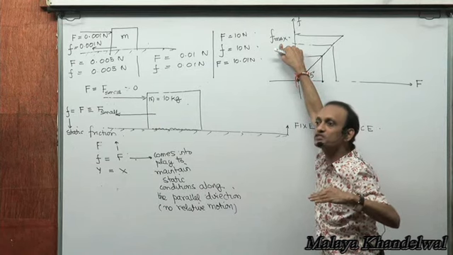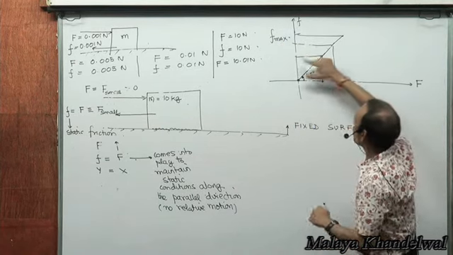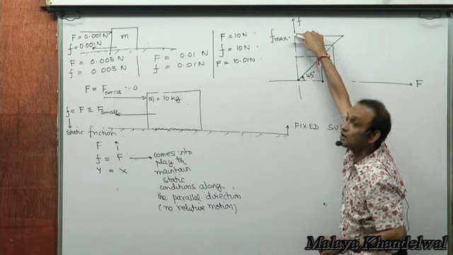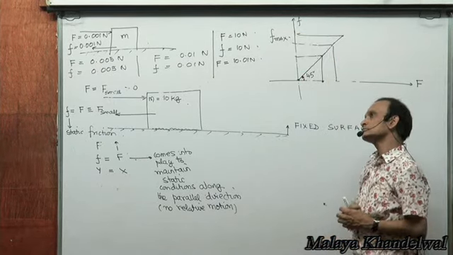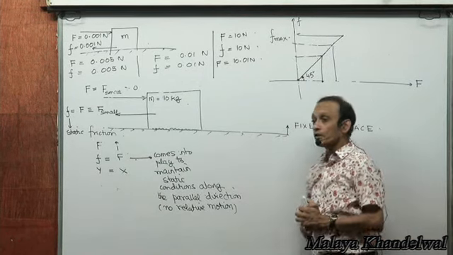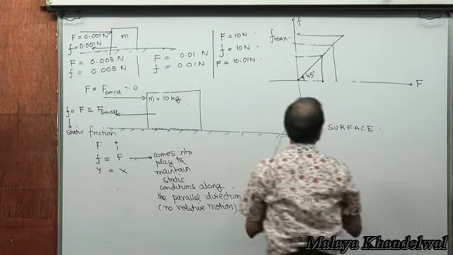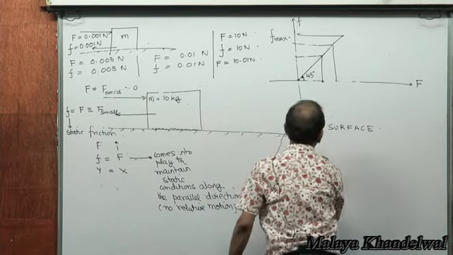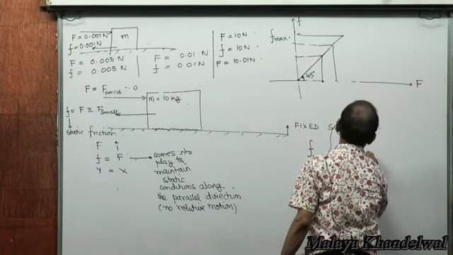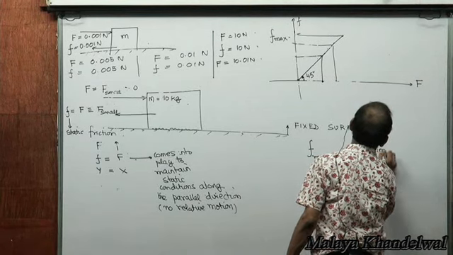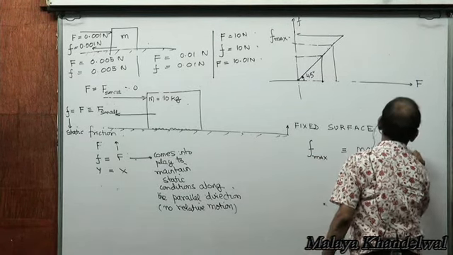Right? There is a highest value that static friction can reach. These are all values of static friction, but there is a maximum value of static friction. And this maximum value of static friction, F max, is called maximum static friction.